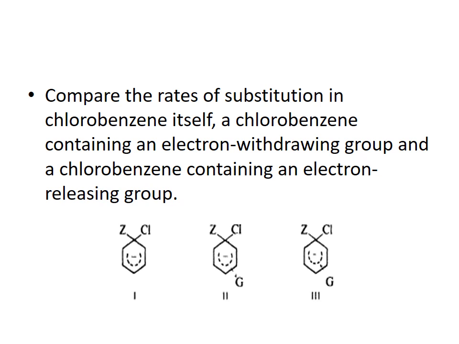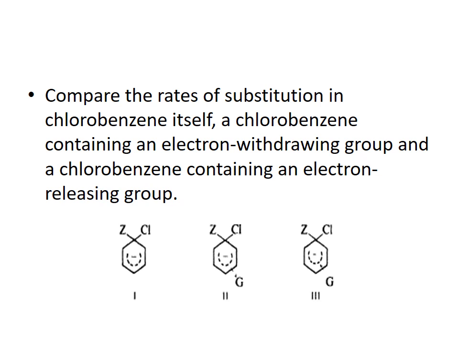Carbanion has a negative charge, so an electron withdrawing group can withdraw electrons from this carbanion, or from the incipient carbanion or the transition state, leading to the dispersal of that negative charge and ultimately the stabilization of the carbanion. Electron releasing groups, on the other hand, release electrons to the already negatively charged carbanion.